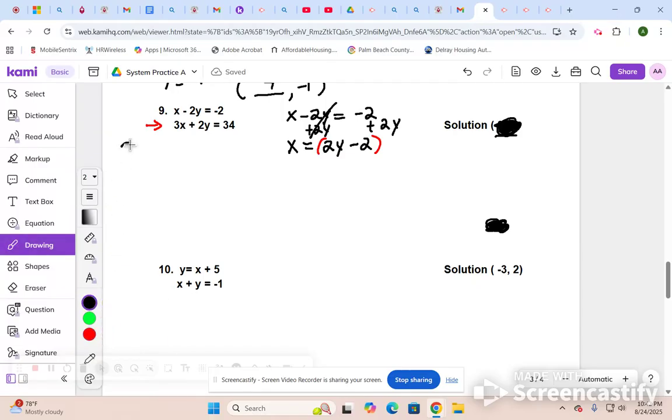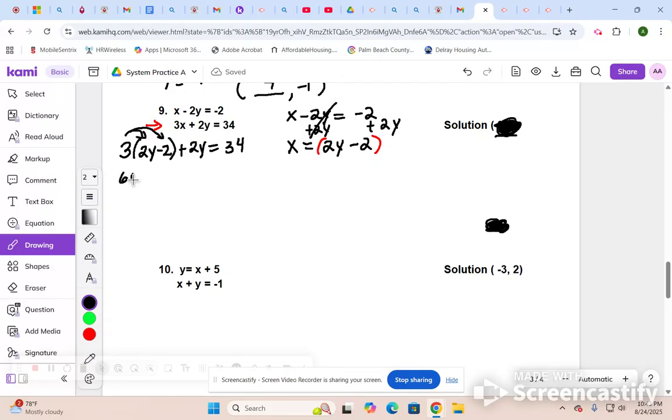So let's do that. 3 times x, which is 2y minus 2. Copy the rest of the equation and solve. Let's distribute.